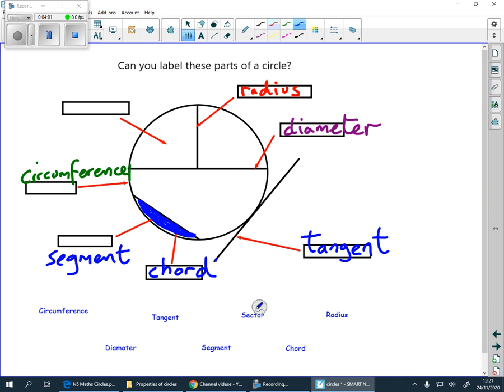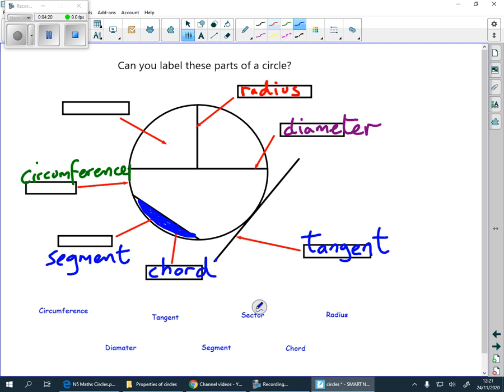Now, often when we talk about segments, if you think about something like oranges, a segment would be a slice of orange at one piece, and your instincts would tell you it would be from the centre. That's not actually true. If it's from the centre, it's a sector.